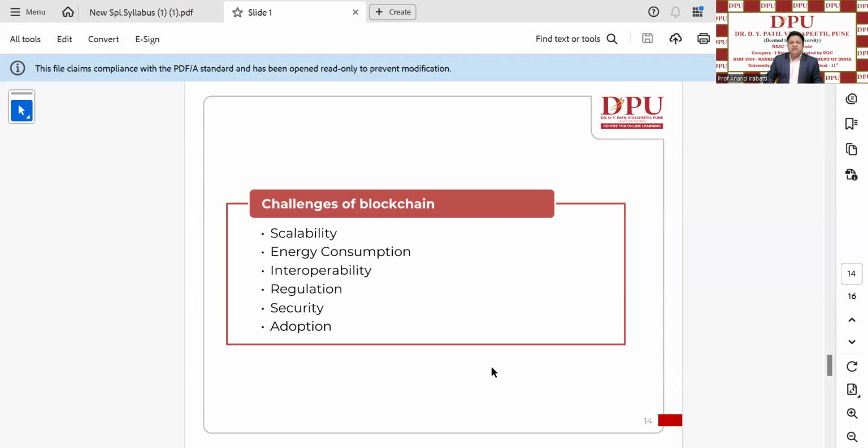The second challenge is energy consumption. If I'm using proof of work as a consensus model, then it consumes more power, because the proof of work consensus model requires a complex mathematical puzzle to be solved.